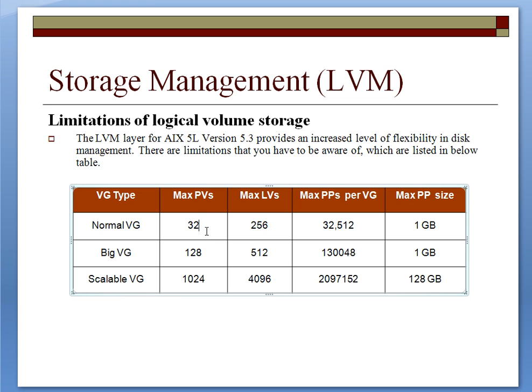You need to know if you're going to be continuously adding to the file system and there's growth, so there should be some capacity planning. If there isn't, AIX is so good that you can convert a normal VG into a big VG if you need that extra amount of space, LVs, or PPs, or so forth.